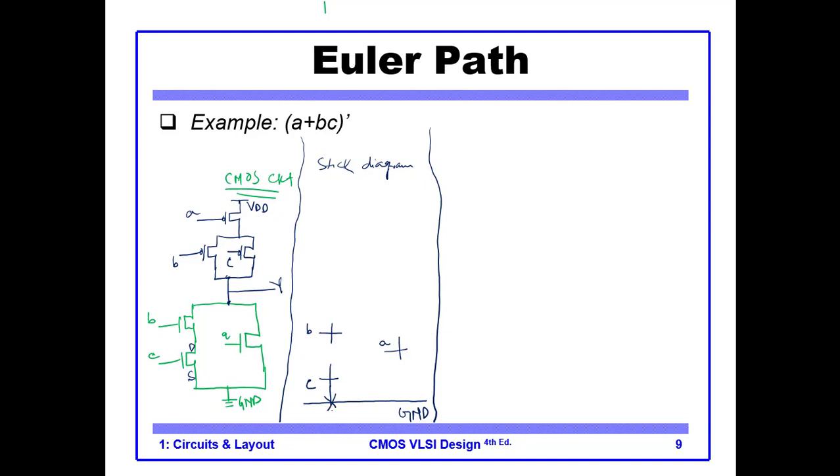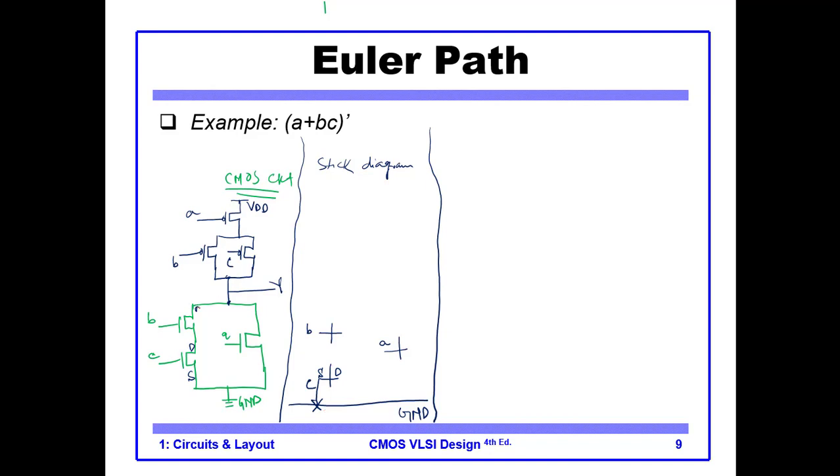Okay, so this is a contact, this is the source. So this is the ground, and let's say this is the source. This is the source of C, this is the drain of C. Okay, the source of C is now connected to the ground.